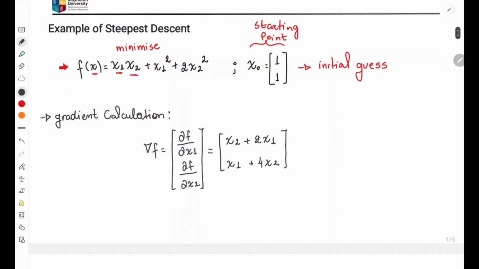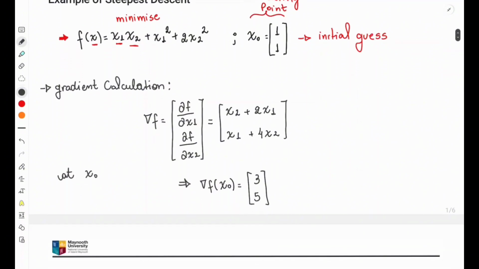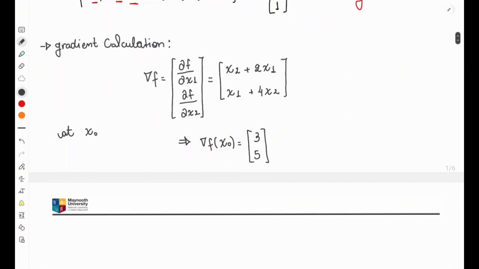Okay, so now we replace the x0, our starting point, in x2 and x1, or in that case we have that x2 and x1 are equal to 1. So for this we have that the gradient of our function at the starting point is (3, 5).